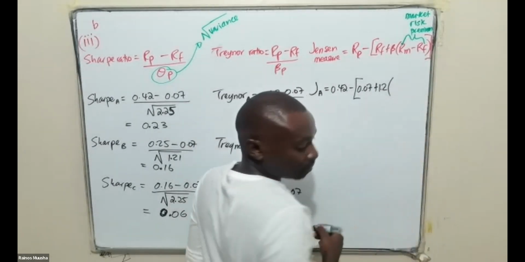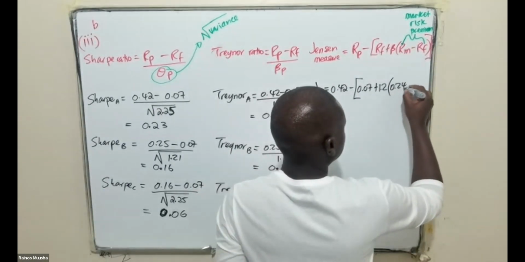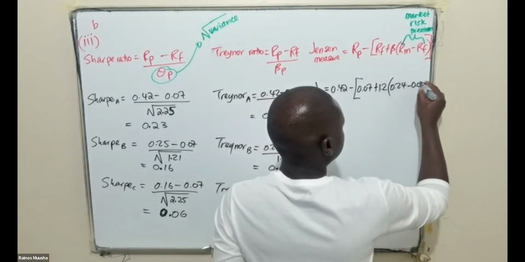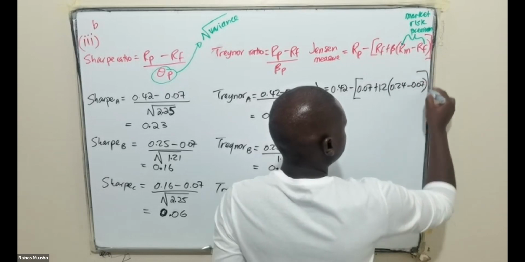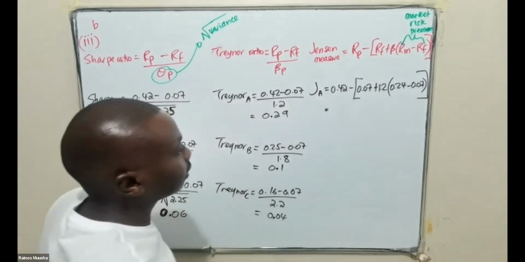And we see that the market return is 24%, and your risk-free rate is 0.07. So given this information, how much do you get as the Jensen measure for portfolio A?